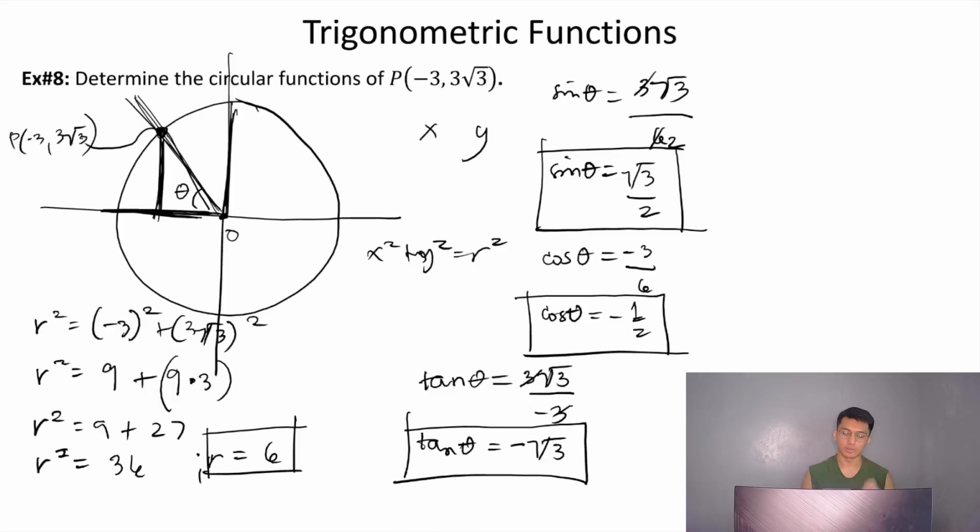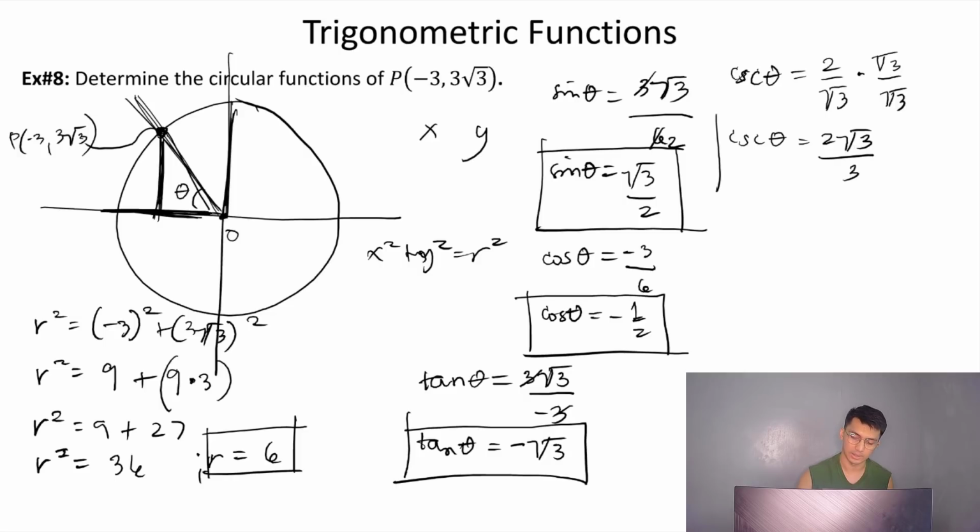Now, for cosecant theta, we have this is the reverse function again of the sine theta. We have 2 na lang over square root of 3. And by rationalizing the denominator, square root of 3, square root of 3, we now have the final answer for cosecant theta na 2 square root of 3 over 3 na lang. So, this is cosecant theta.